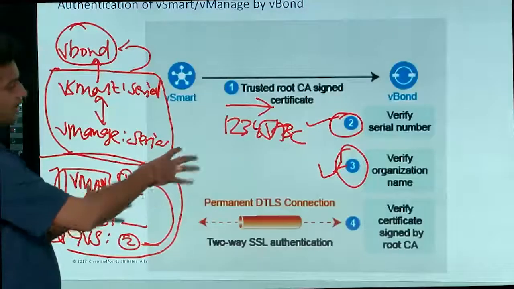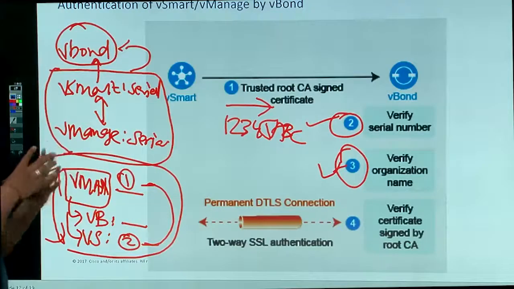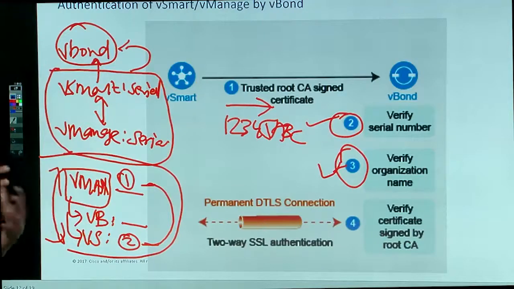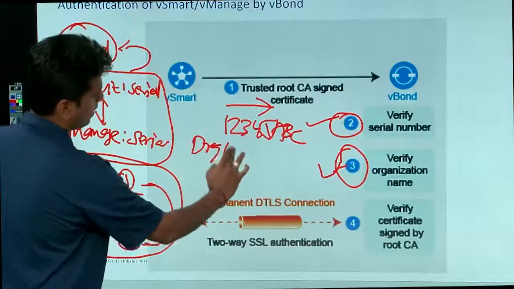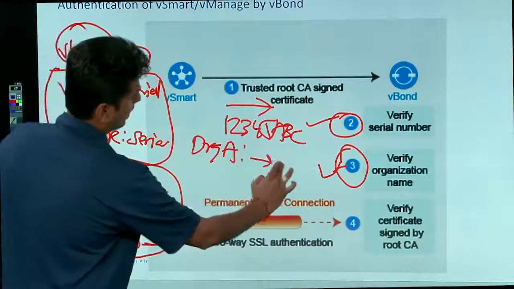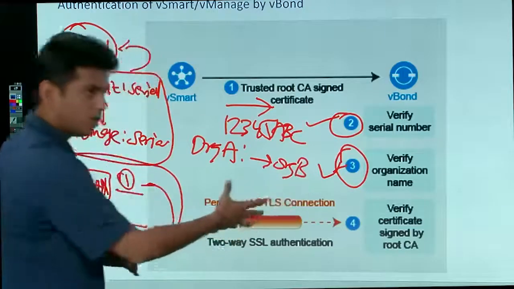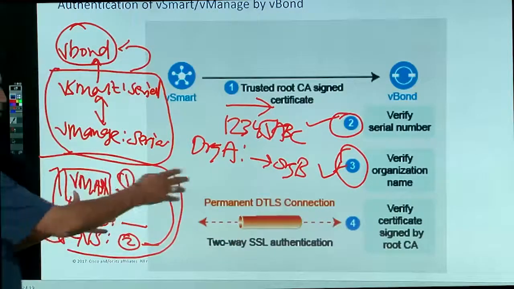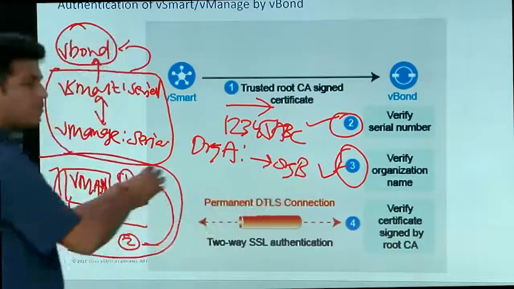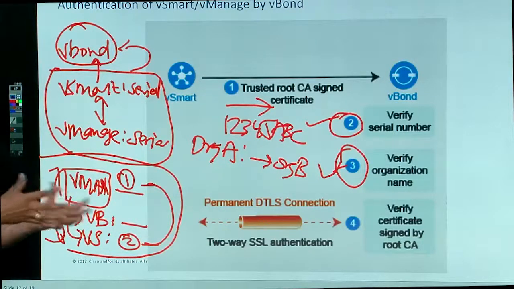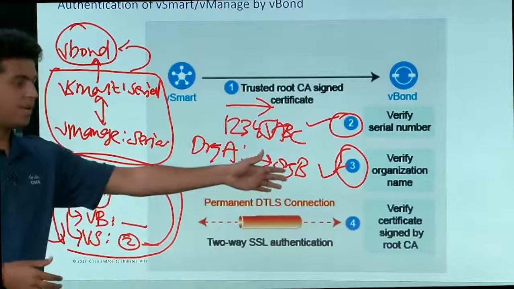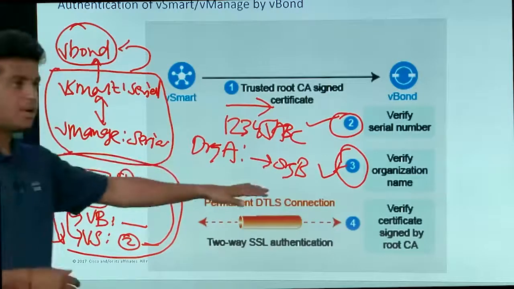So organization name would matter because you can have different organization names coming and talking to different entities. So an organization, say A, would try to talk to an org B's vBond, and suppose org B's vBond, for some reason, let's say a manual error or something, had propagated organization A's serial number in it.